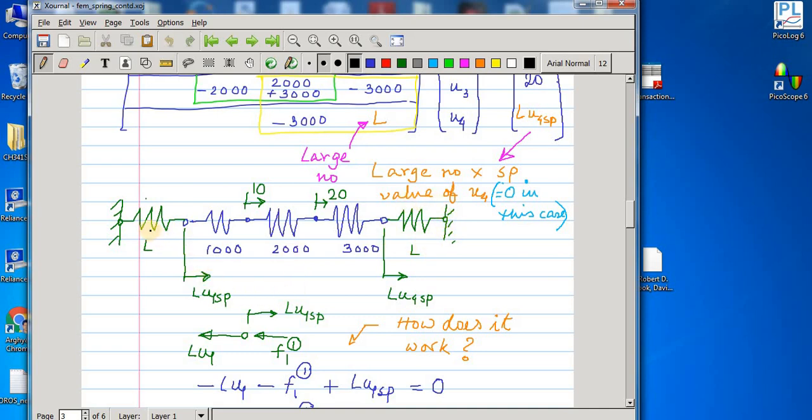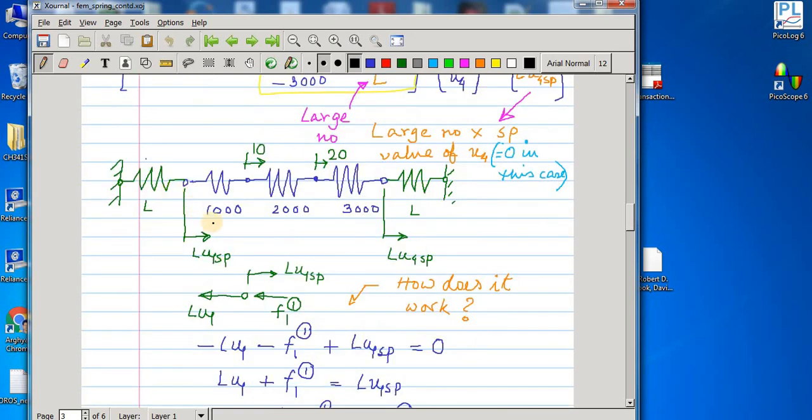If this spring stiffness is very high, this node will move very little and it will be almost like a fixed support. And if this node has a very high stiffness, this node will also not be able to move. So your problem is replaced by this.